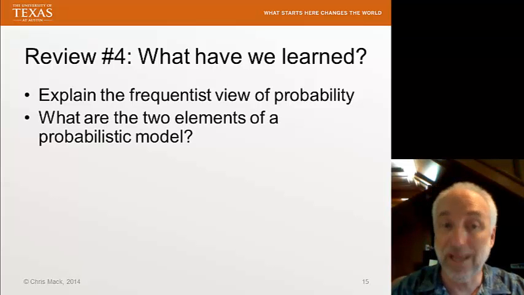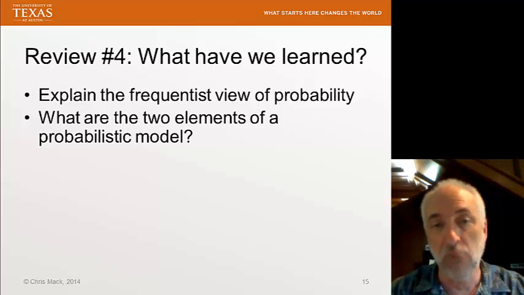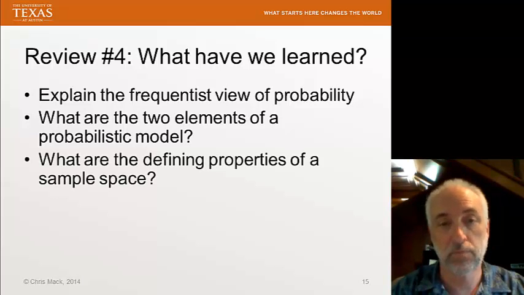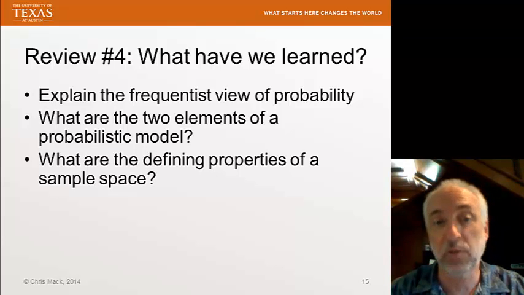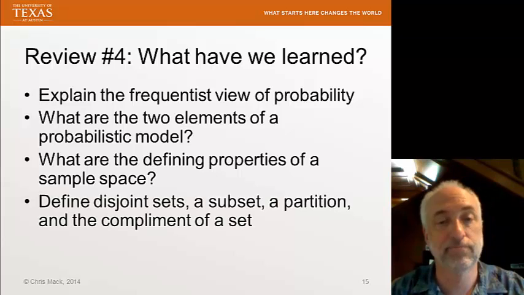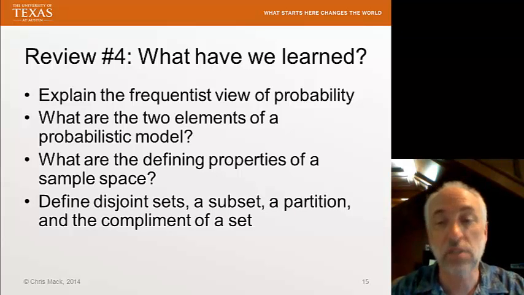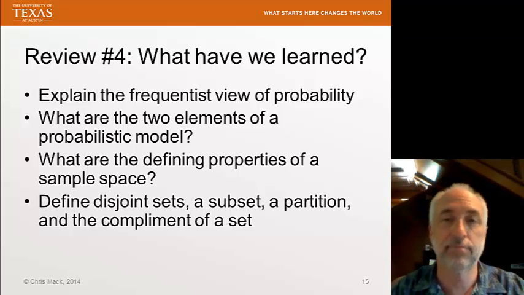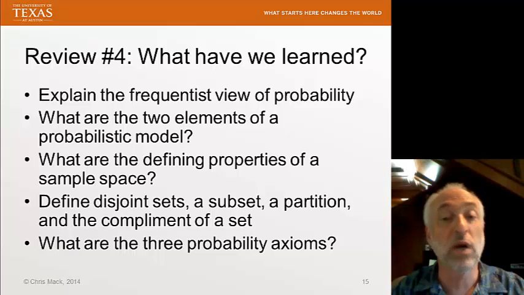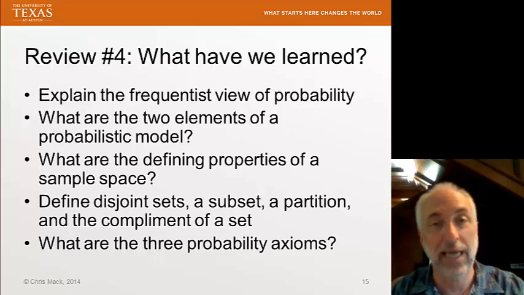What are the 2 elements of a probabilistic model? What are the defining properties of a sample space? Define the terms disjoint sets, subset, partition, and the complement of a set. And finally, what are the 3 probability axioms?